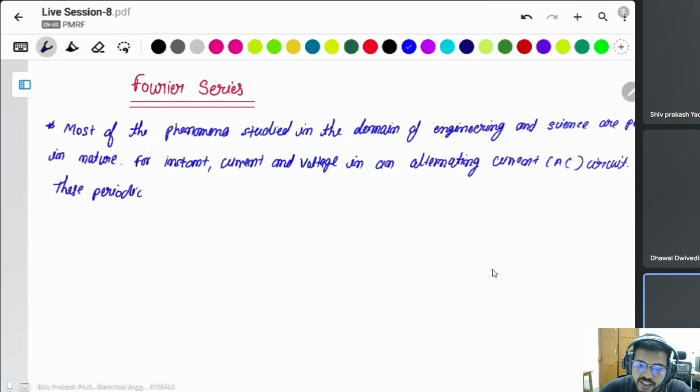This periodic function can be analyzed into its constituent components, like a fundamental and harmonics.